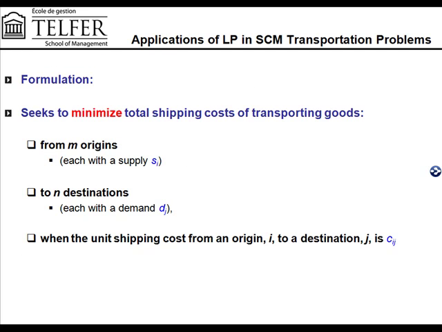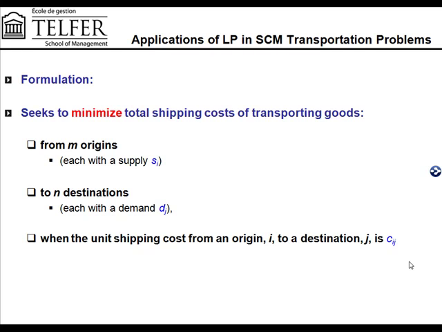In terms of formulating this problem, I will show you the formulation manually before we actually formulate this in Excel. What we're trying to do is minimize the total shipment cost, or the total transportation cost, from the origins to the destinations. The origins have a supply that's possible out of those points, and we denote that as S sub i.